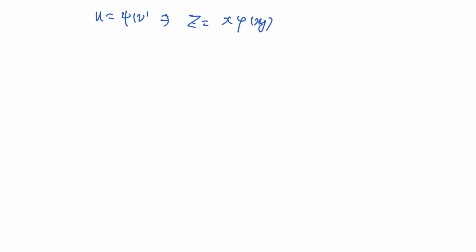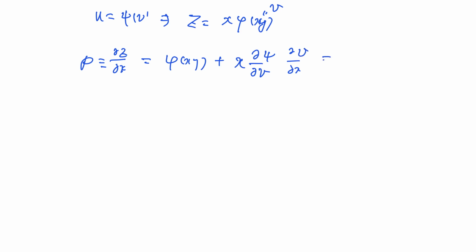So what about the condition? p is partial z partial x according to the definition. That is psi of xy plus x times partial v partial x times dpsi dv, psi of xy plus x y dpsi dv. How about q?